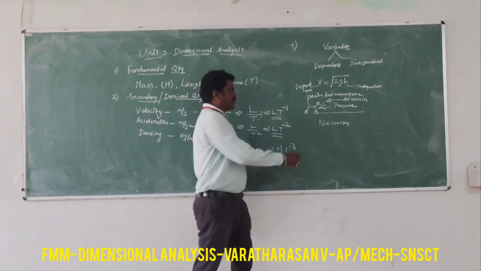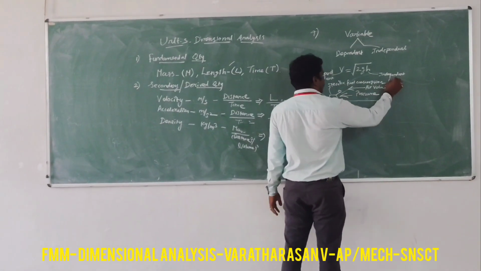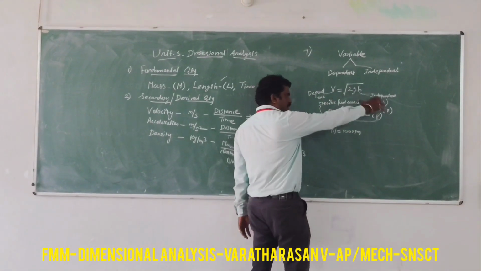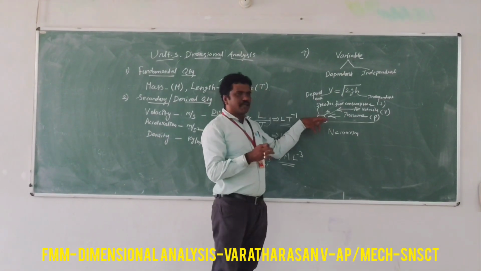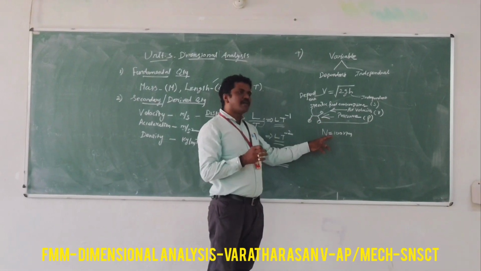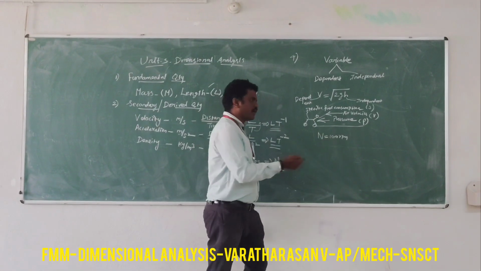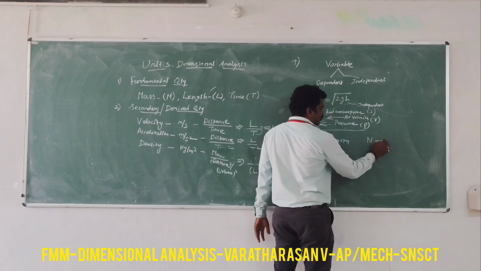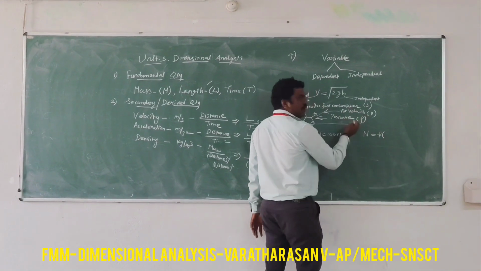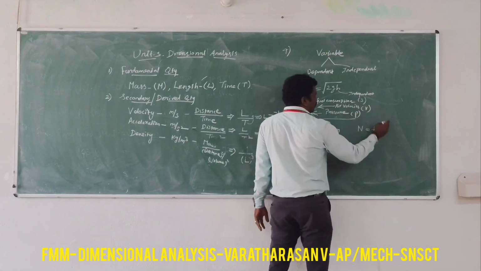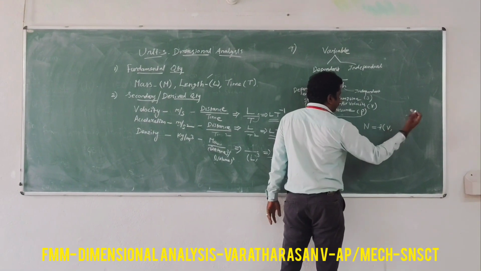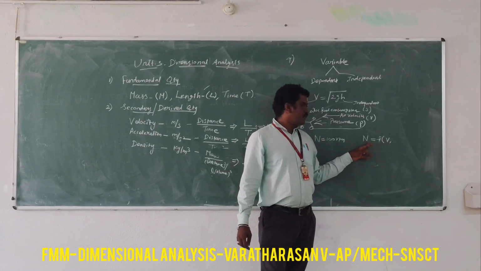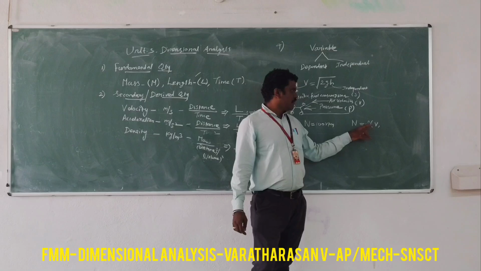So these are all the factors: specific fuel consumption, velocity v, pressure p. These all affect the particular vehicle in obtaining the 100 RPM speed. Did you get my point or not? So the point is, N is equal to a function of the variables combined here: velocity, pressure and specific fuel consumption.